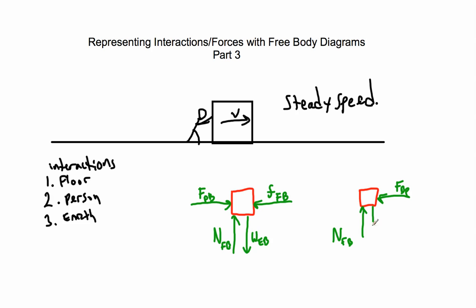You have the earth interacting with the person. And you have the floor interacting actually this way, the grippiness of his shoes, floor on person. And that's actually a friction force. And the only forces in both these diagrams that we know are the same are these two: person on box and box on person.